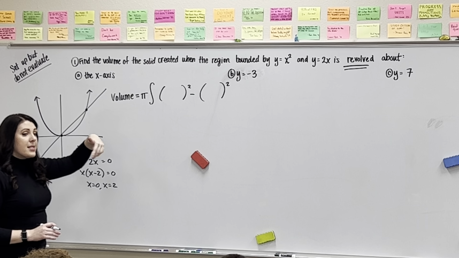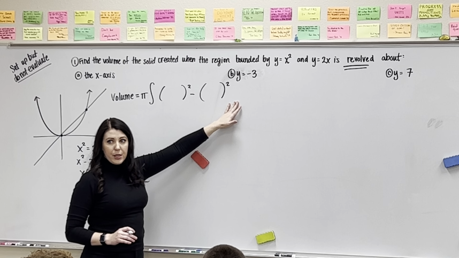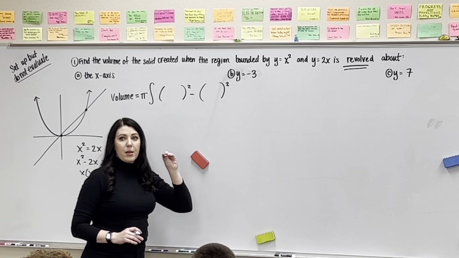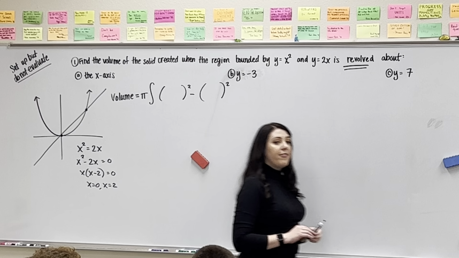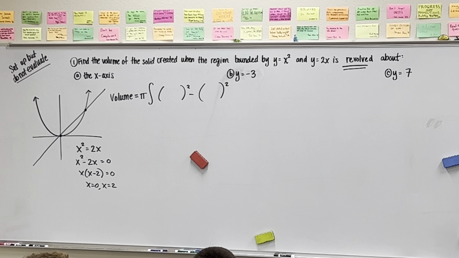Now, sometimes you're gonna have a dx at the end, and sometimes you're gonna have a dy. You do need to think about that. You're gonna have a dx anytime you're rotating it this way. Anytime it gets rotated this way, okay? So that means around the x-axis or around a line like y equals something.